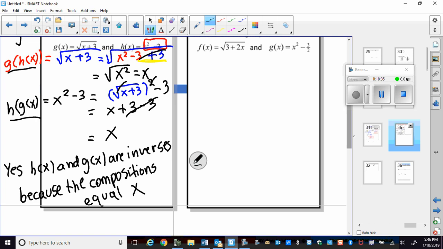The compositions equal x. So this is a composition and this is a composition. Both of these end up as x. So this is what you have to do.